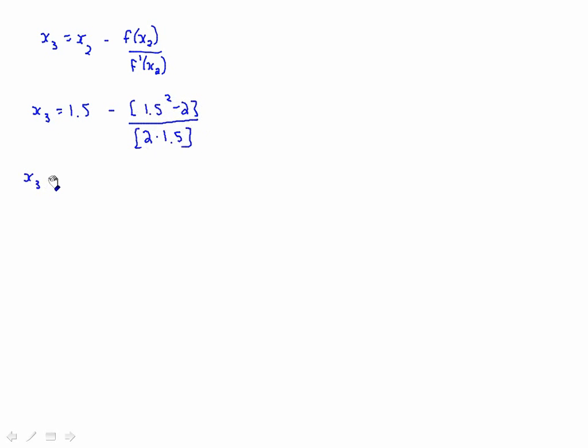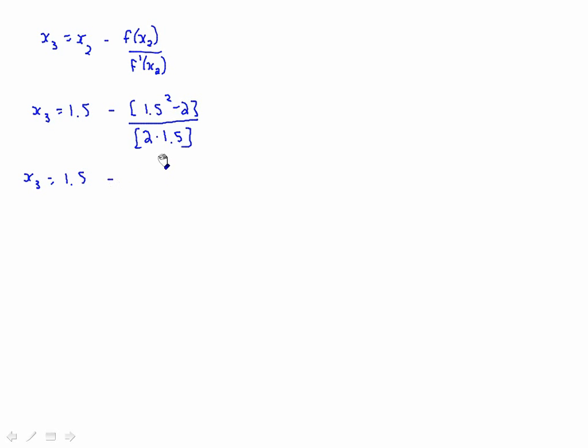x3 is equal to x2 minus f at x2 divided by f prime at x2. So x3 is equal to 1.5 minus, open the bracket up again, and we get 1.5 squared minus 2, so into the original equation, divided by 2 times 1.5. So x3 is equal to 1.5 minus, okay, now things are getting a little messy here, or they're starting to.